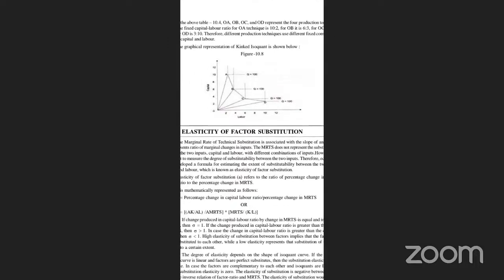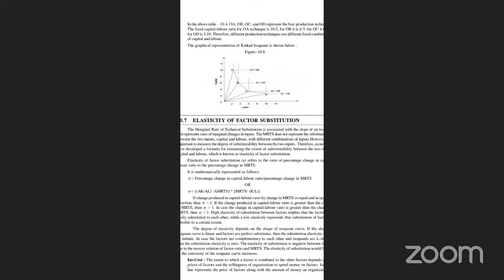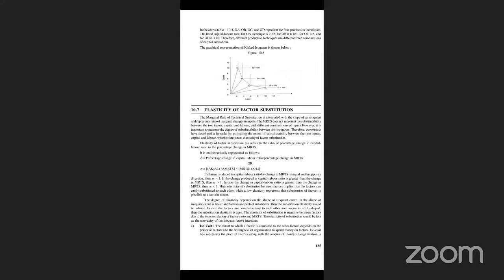The graphical representation of kinked isoquants is shown here for different production techniques used for fixed combinations of capital and labor. Now, the elasticity of factor substitution.